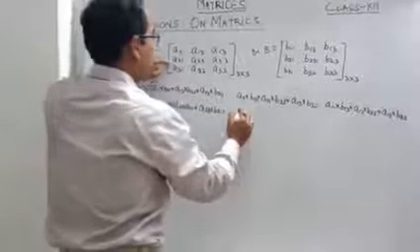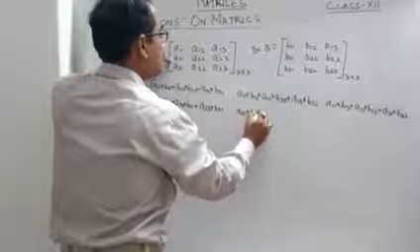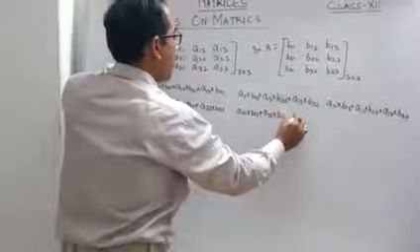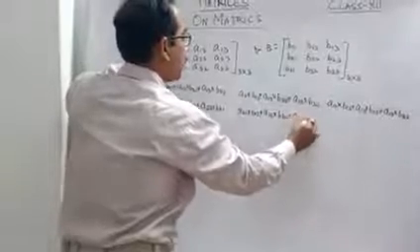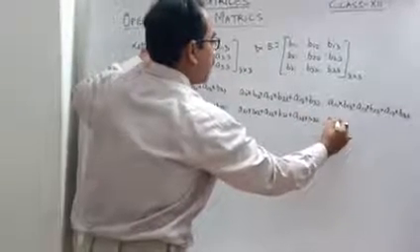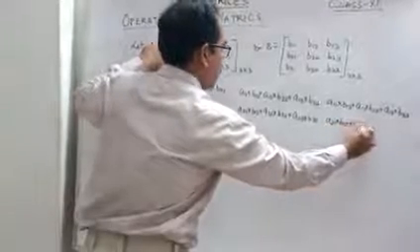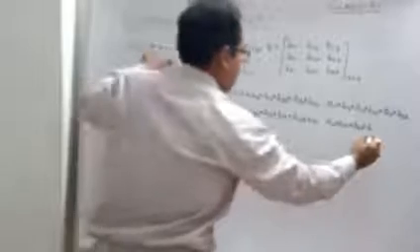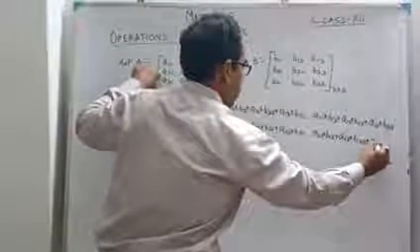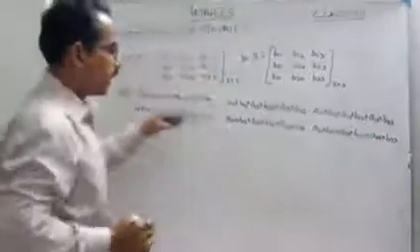Here also A21 multiplied by B12 plus A22 multiplied by B22 plus A23 multiplied by B32. Next, A21 multiplied by B13 plus A22 multiplied by B23 plus A23 multiplied by B33. This is the second row over.